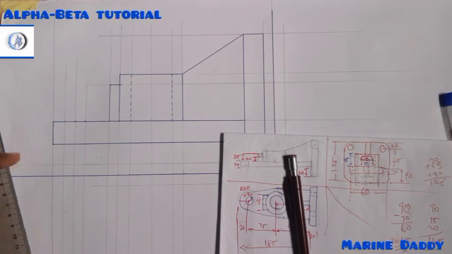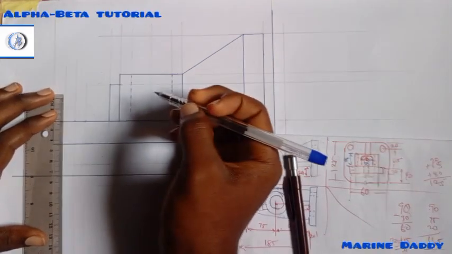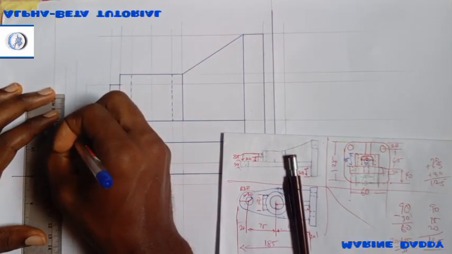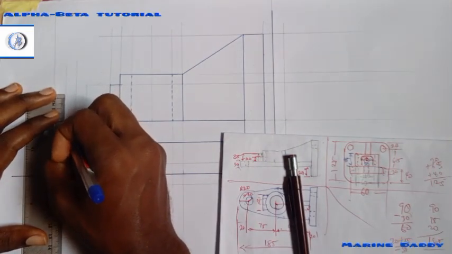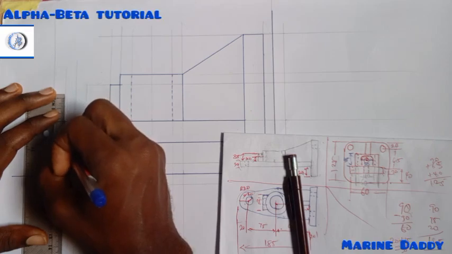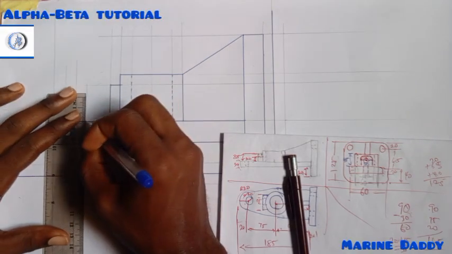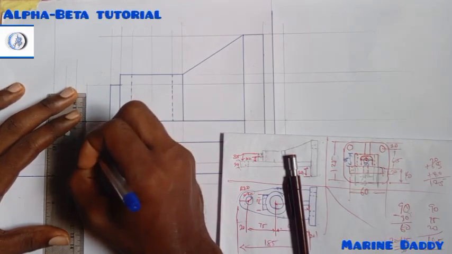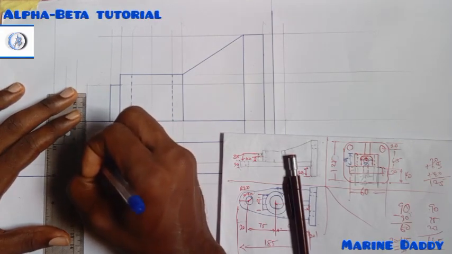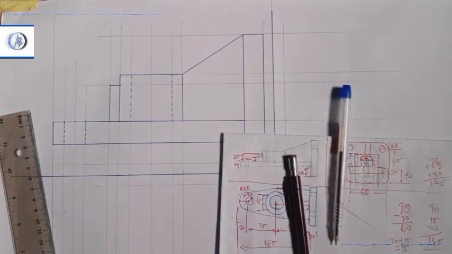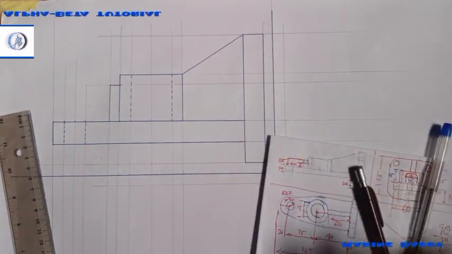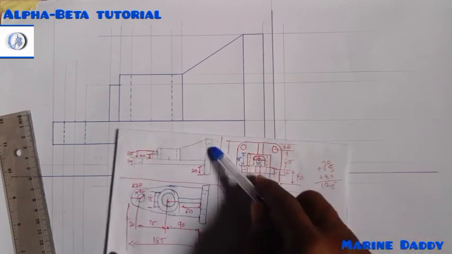Okay, so I can now put my broken line here. Then there's another broken line which is around here.